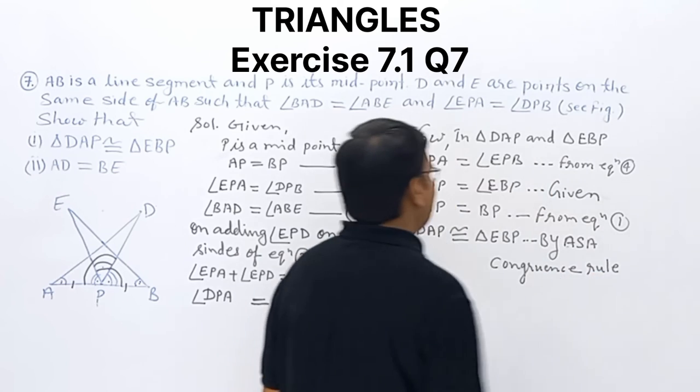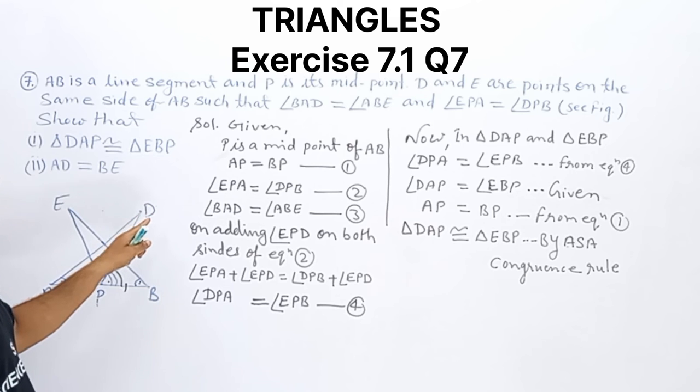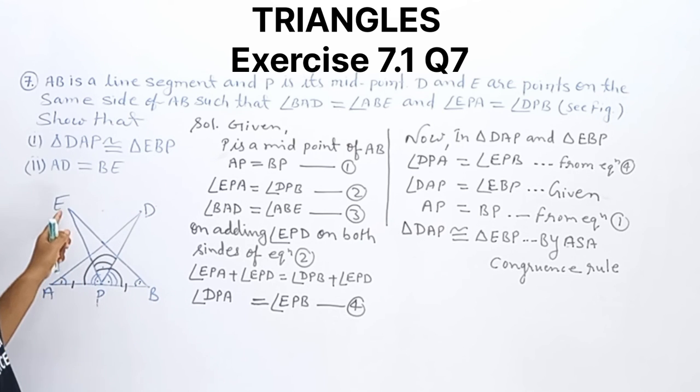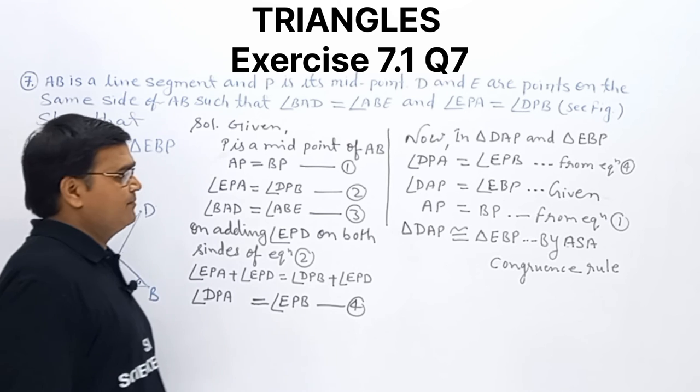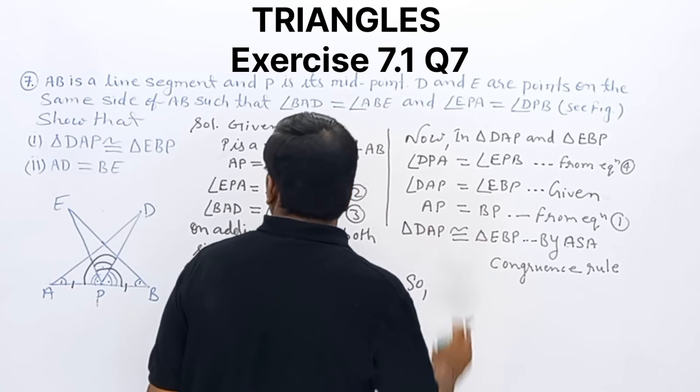From this rule we can say these two triangles, DAP and EBP, are congruent. We proved this one. Clear? So these two triangles are congruent.